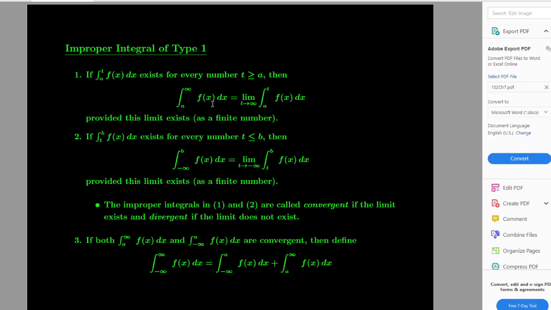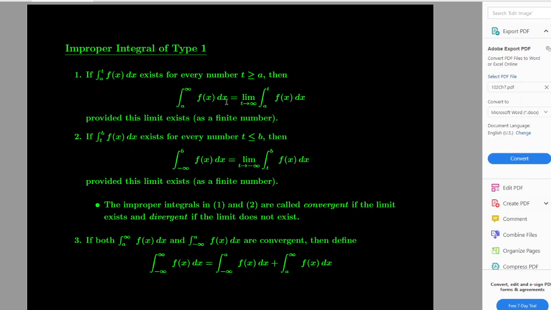So you look at the equation here. The type 1 improper integral is one where one of the two limits is infinity. I mean the upper limit in this case is infinity. The integral is taken from a to infinity.